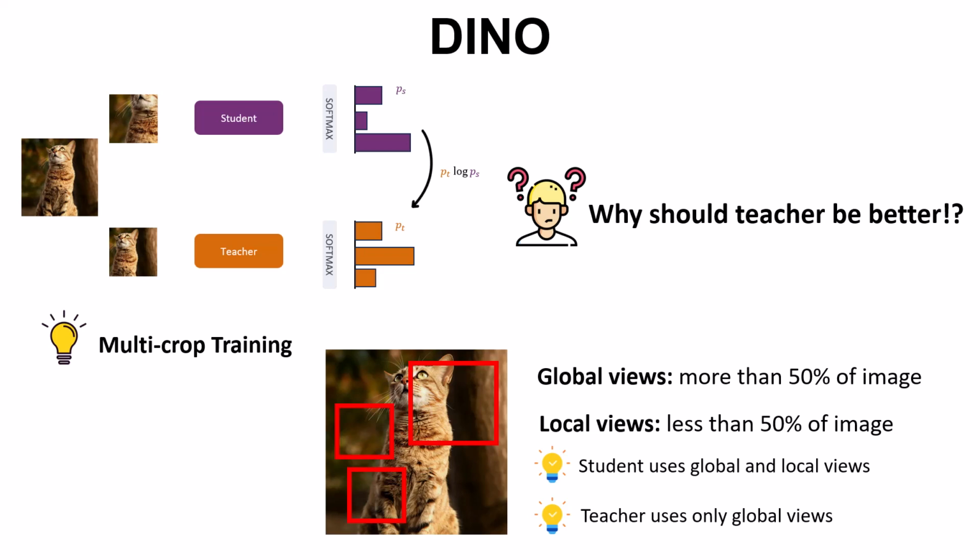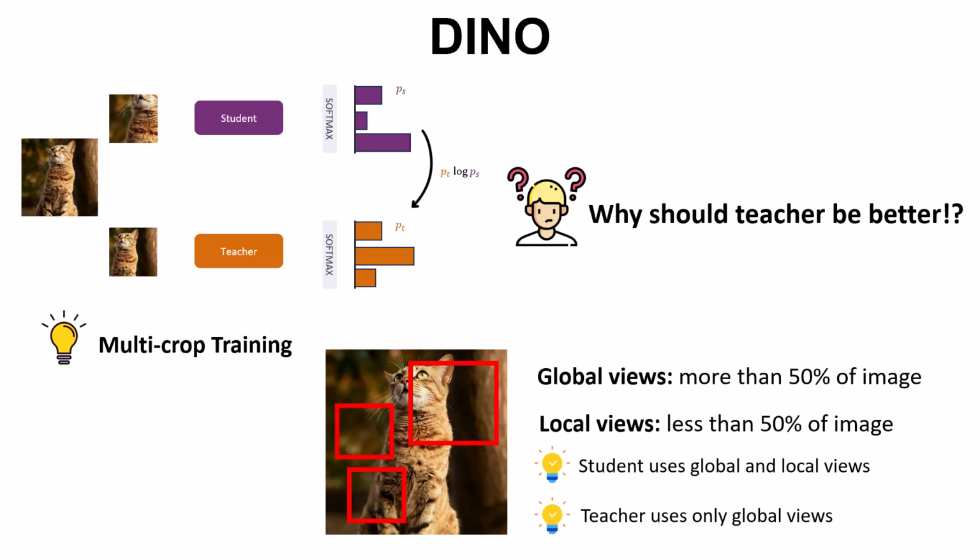So teacher should generally give us a better representation. Why? Because it receives global views that have more information compared to the local views that a student receives. Obviously, when a student receives global views, it has the potential to output a representation as strong as teacher. But generally, given multiple inputs, teacher should outperform because it always receives global information. I mean the information that is coming from the global views.